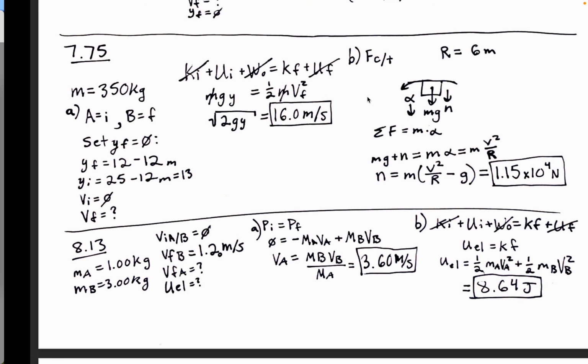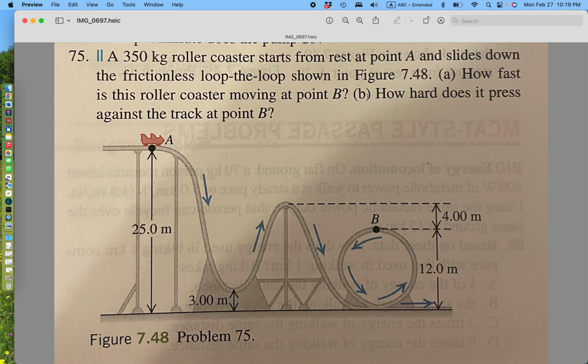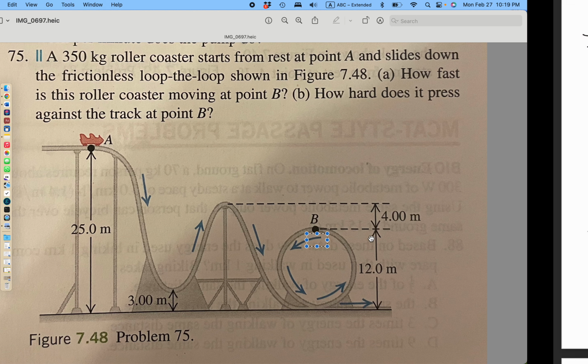Now the second question, we have to think a little bit more and interpret a bit more. So how hard does it press against the track at point B? So this pressure that it has where the cart, let's say that this is the cart, and it's pressing against the track, that's going to be matched by the normal force of the track pressing against the cart, right?